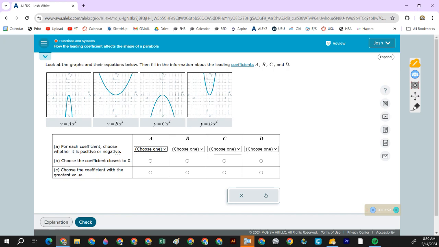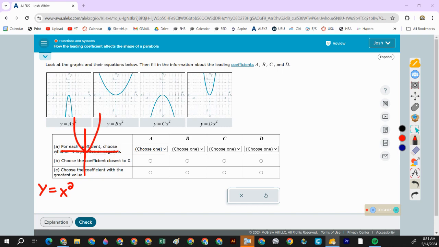Okay. Well, what does the number in front of the x squared do? And that changes how tall it is. So if I had y equals x squared, that would just be a regular shaped parabola. But if I had y equals 2x squared, then that 2 is going to make the parabola twice as tall.